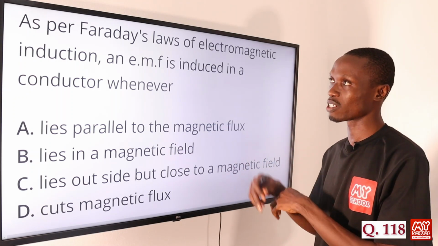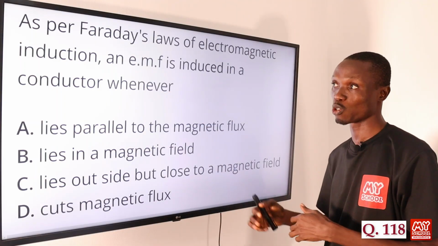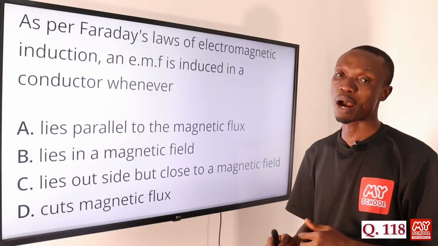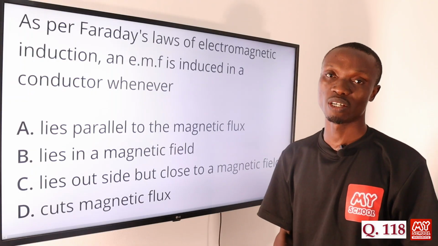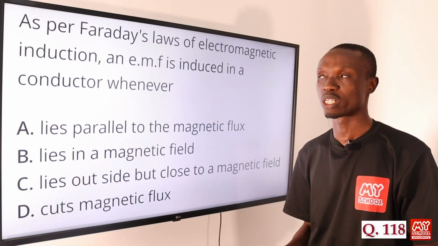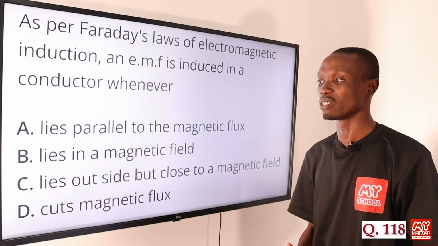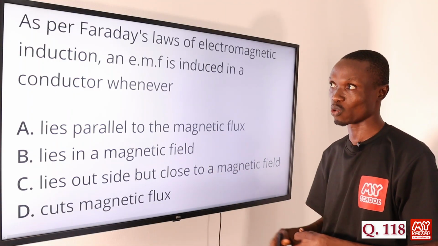So to answer this question is just for us to state Faraday's law of electromagnetic induction. And this law states that the magnitude of the EMF induced in a circuit is proportional to the rate of change with time of the magnetic flux that cuts across the circuit. Okay, so that makes option D the correct answer to this question.